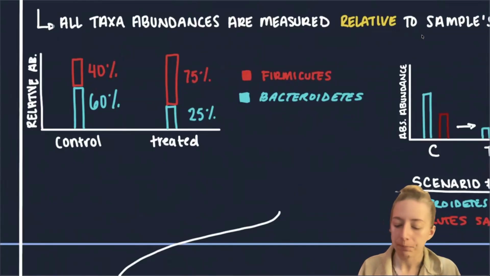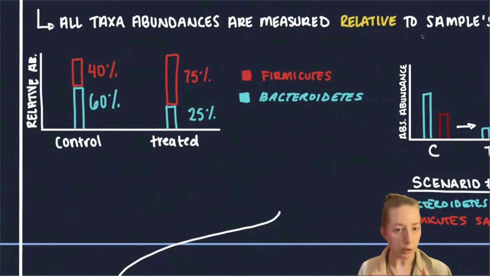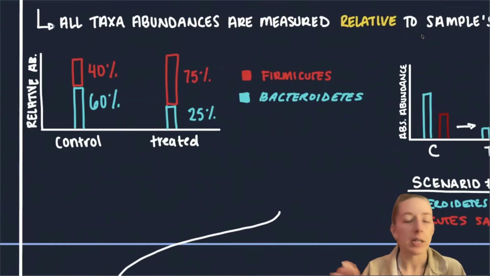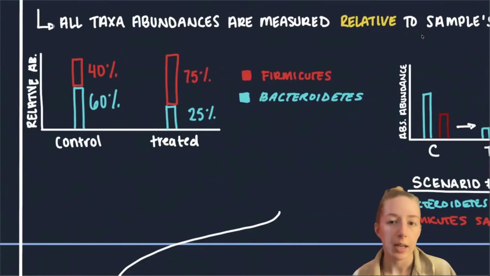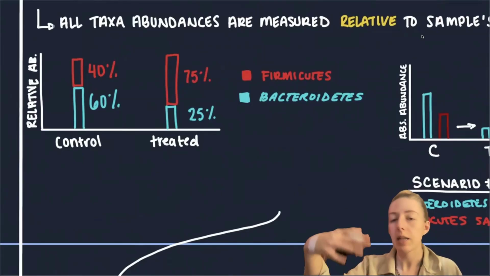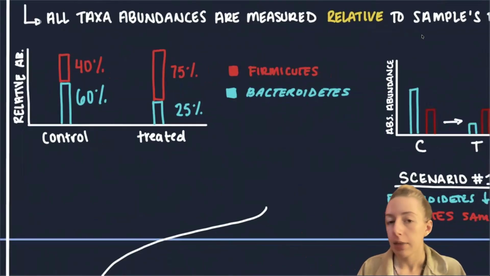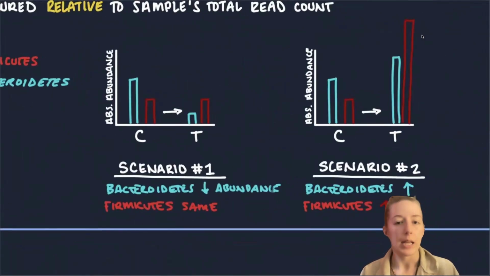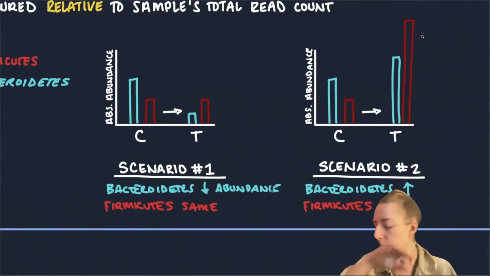This is one example where it appears in relative abundance. If we're looking at the proportions or percentages of the microbes changing, it looks like Bacteroidetes decreased in relative abundance and Firmicutes increased in ratio. But there are two things that could have driven that, or more than two things. Here are two examples.